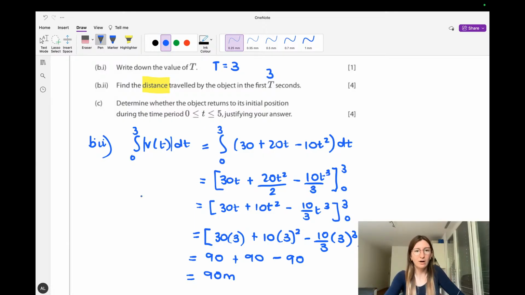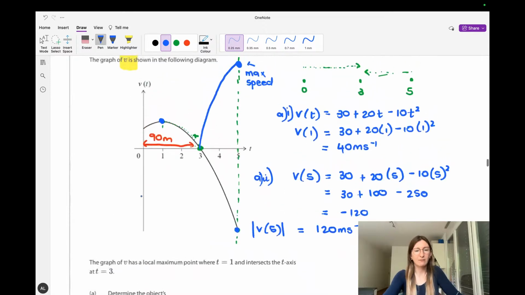So when our object is going, it's traveled 90 meters in this direction, and then here it changes and it goes back. So for these 2 seconds, our object is going back to where it started. So the question is asking us, in these 2 seconds, does it go back to its original position? So what we're going to do is figure out how much distance happens in these 2 seconds.